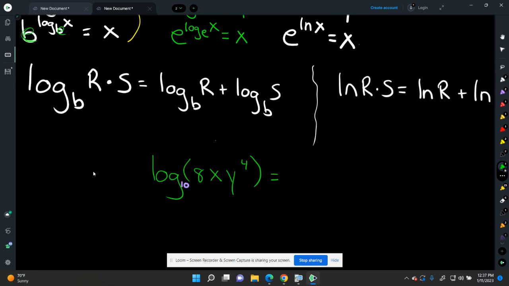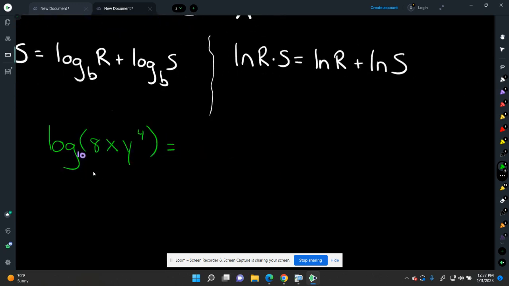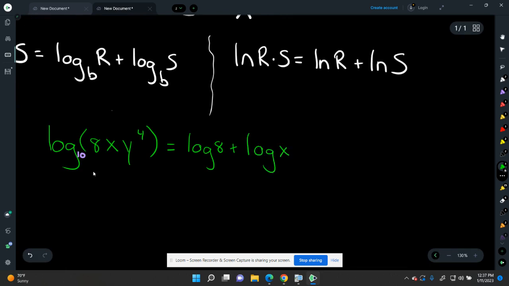Add them. So we're going to rewrite this as log 8 plus log x plus log y to the 4th.